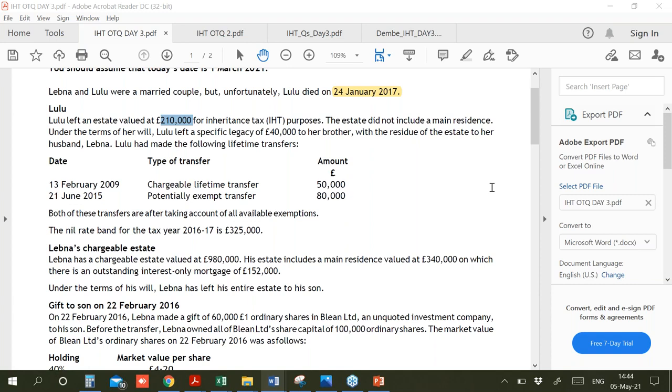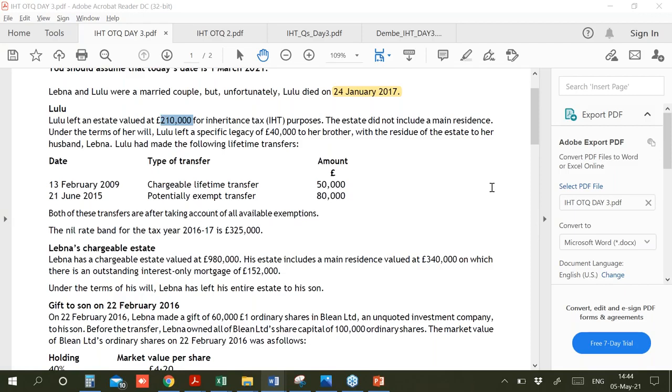Very good, guys, because the estate has been left to his spouse. Whatever you leave to your spouse is totally exempt. It does not use any of your exemptions and it is exempt on top of it as well. So do remember that Lulu has made the following gifts that they told us in the question. Apart from that, everything else she had left to her husband.